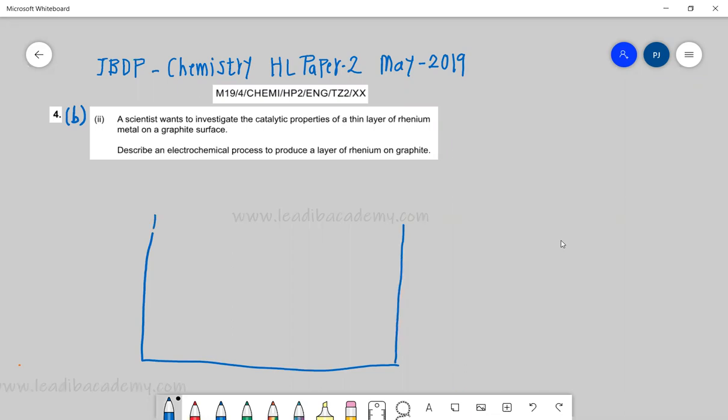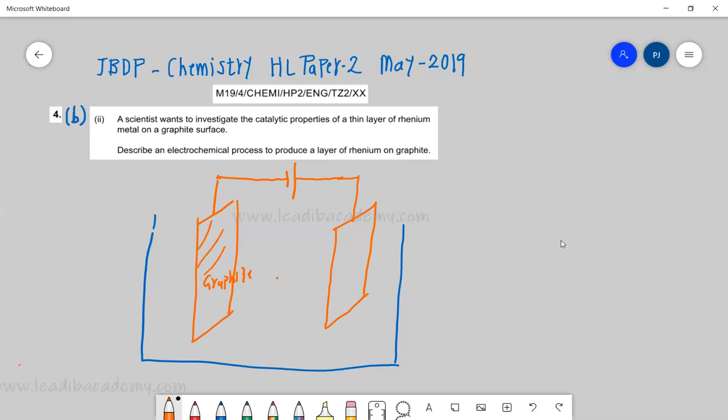Let's take a graphite electrode. Okay, this is the graphite electrode, and connect. We don't care.